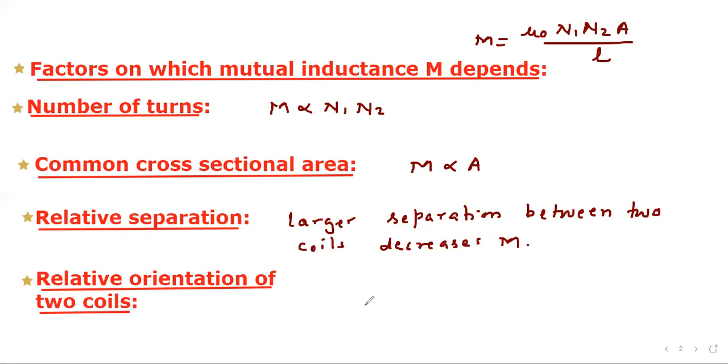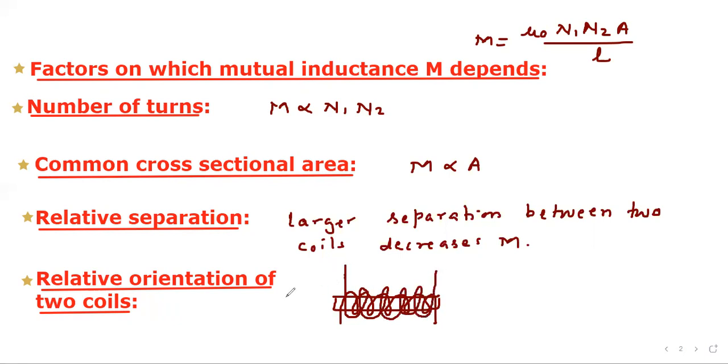Relative orientation of two coils. So if the two coils are wound in such a way that there is no flux leakage, in that case, M will be larger. So that we can understand like this. Suppose this is core material on which this is primary coil. And then on the same material, there is secondary coil.